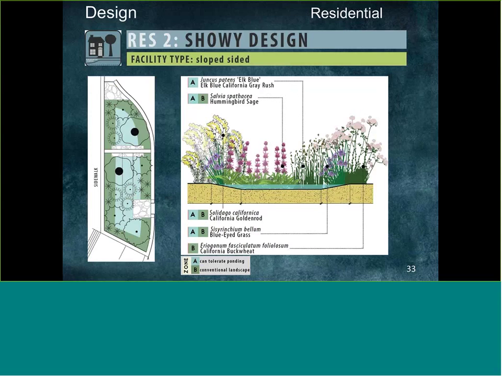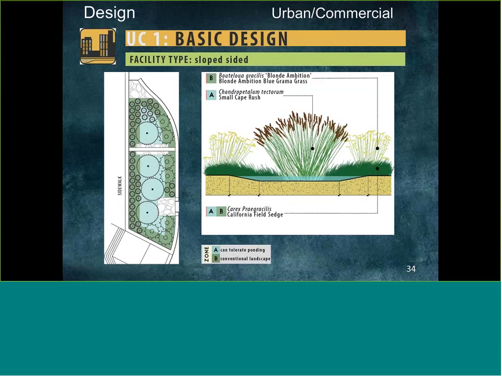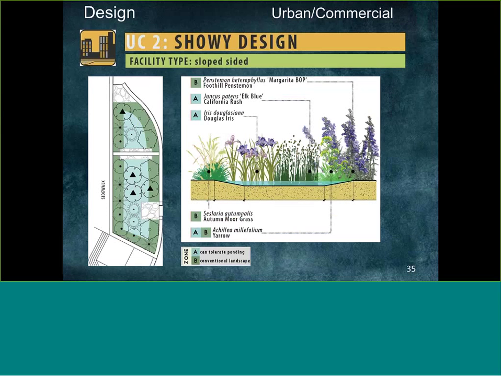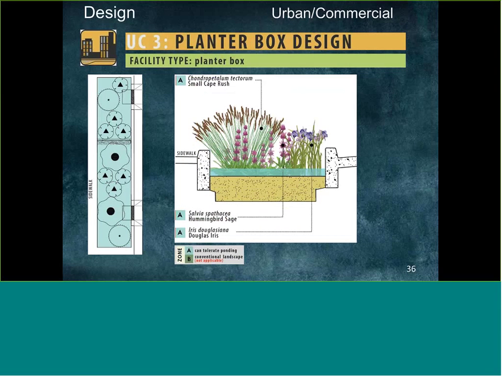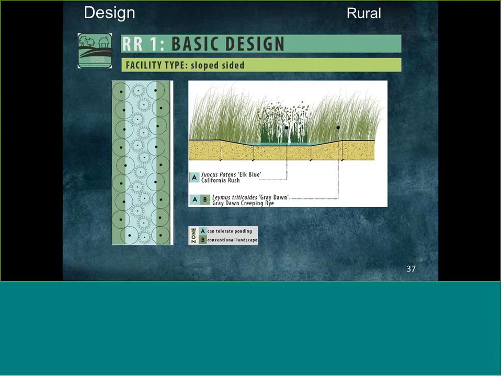So these plant palettes that Randy worked on also provide applications for urban and commercial projects with, again, a basic design and a showy design, one that uses a planter box design. So these are really a nice resource if you just wanted some sample plants that you could put into a project.